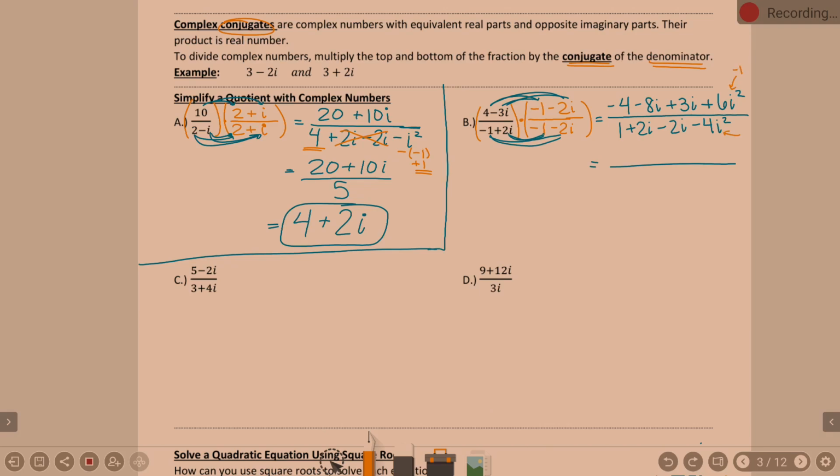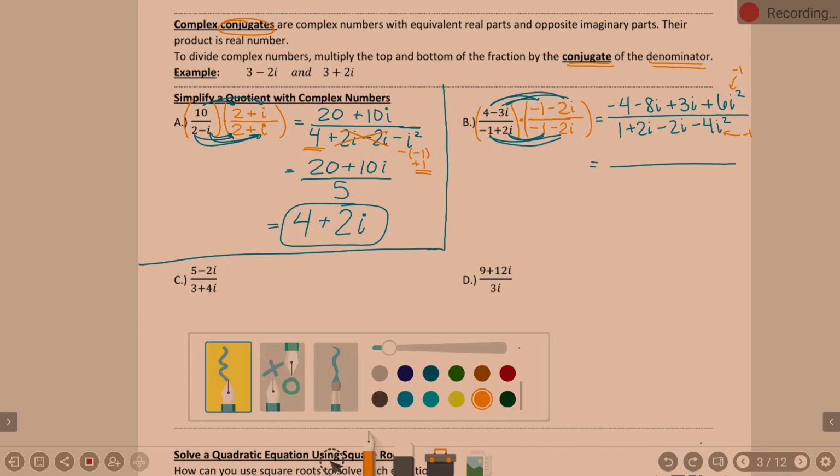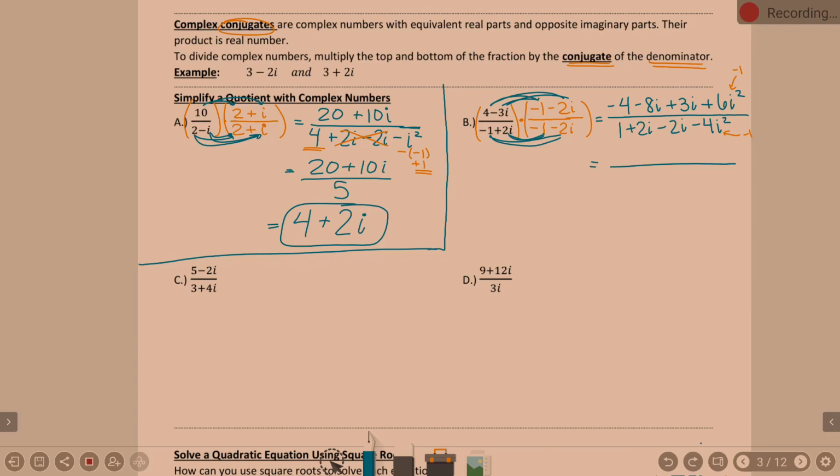This i squared becomes -1. I'm going to write this out just because I want to make sure that we don't lose anybody. If we change those i squareds to -1, and I'll do like terms next time, I have -4 minus 8i plus 3i, and 6i squared.